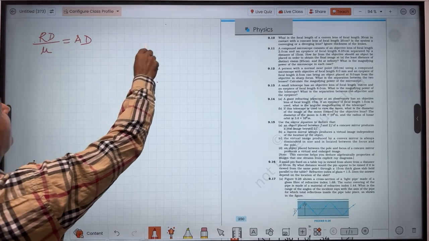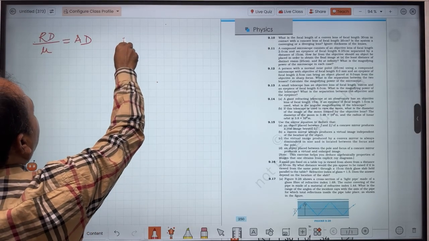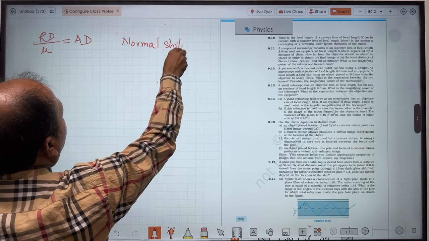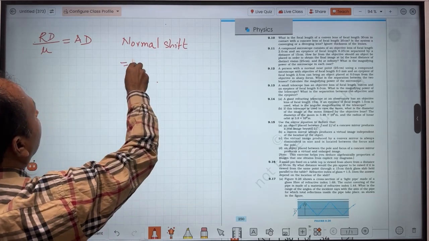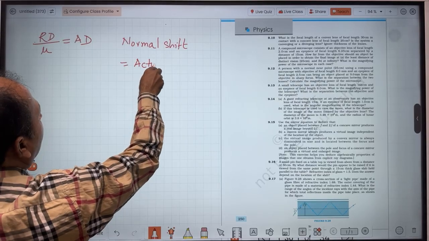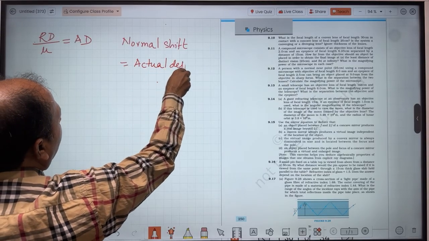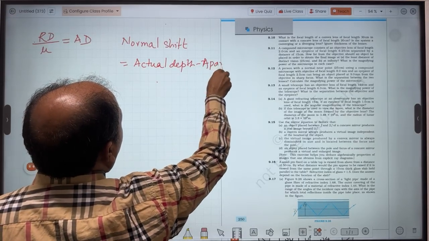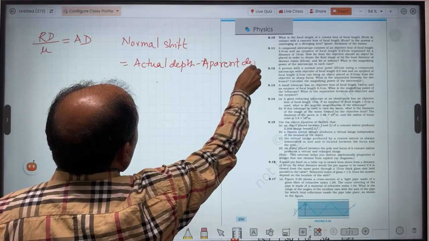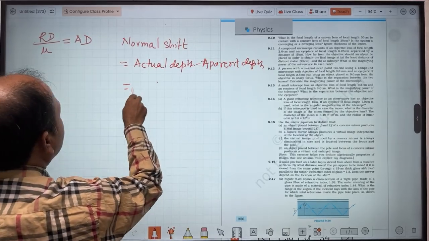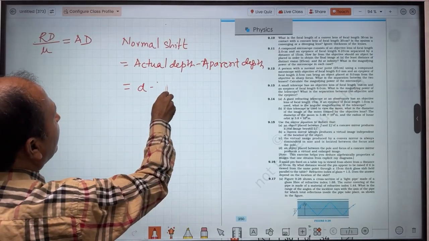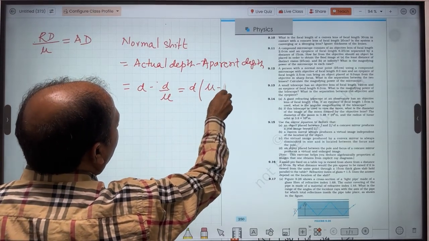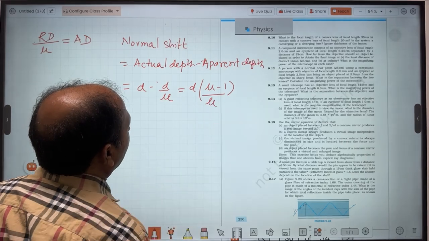If you remember the normal shift, so normal shift is actual depth minus apparent depth. So actual depth is say d, and apparent depth will become d upon mu. So d we can take common, mu minus 1 divided by mu.